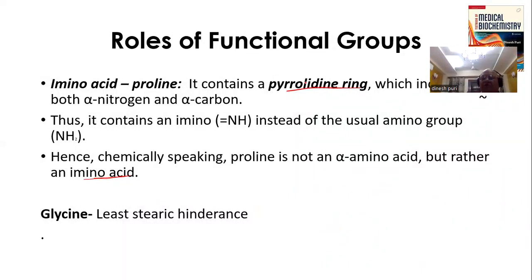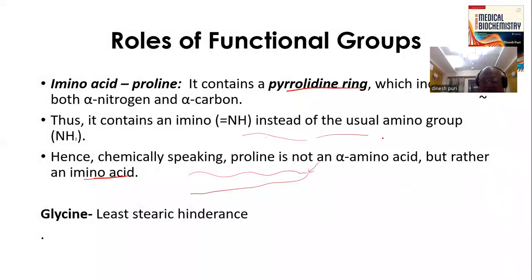Because of this peculiar property, a peculiar result comes into picture. Wherever proline is, for example in this polypeptide chain, if proline is here, proline will introduce a sharp bend in the polypeptide chain.